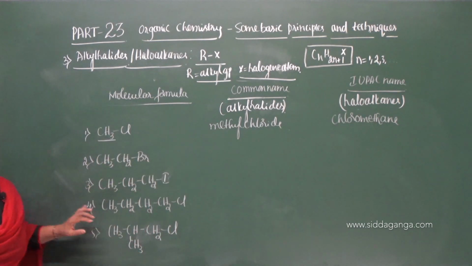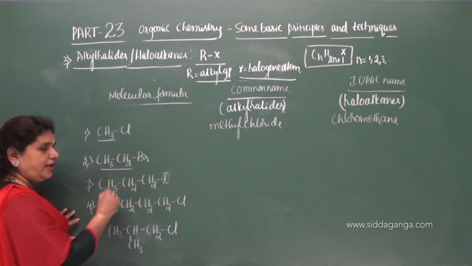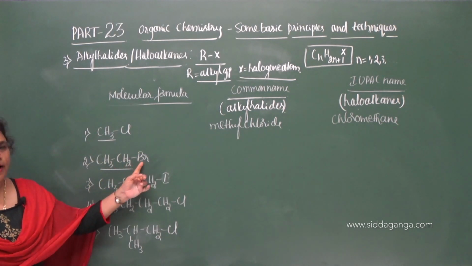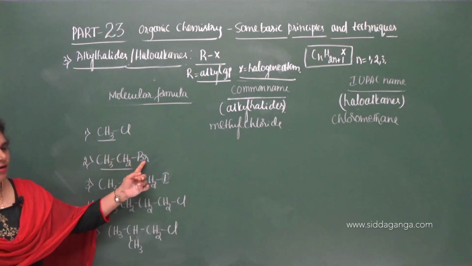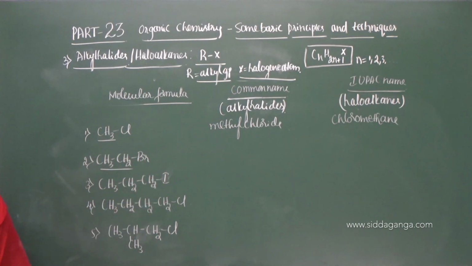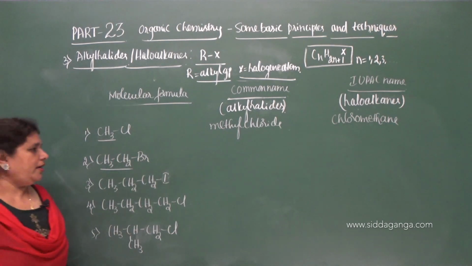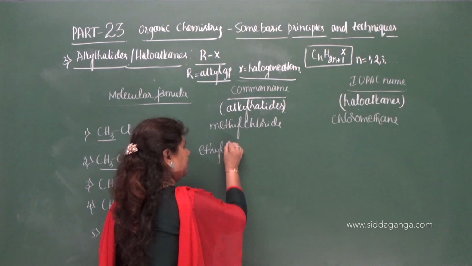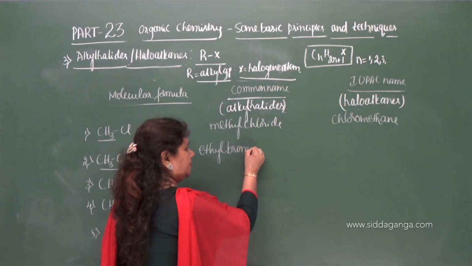What about the second one? What is this group? Ethyl group is there. Therefore ethyl bromide. So bromine is there. It ends with IDE and hence it is ethyl bromide. And the common name is ethyl bromide. Correct?